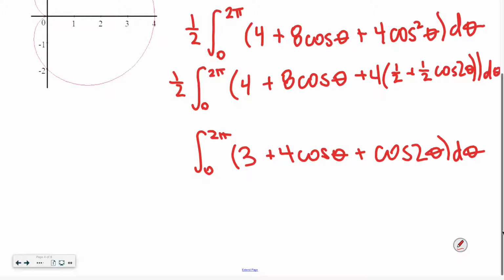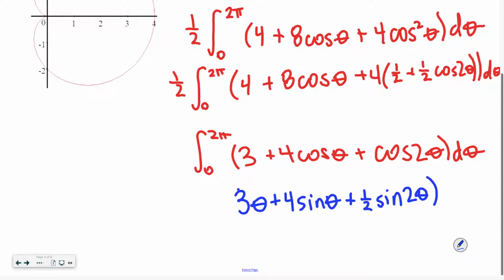So what we have is 3 theta plus 4 sine theta. Excuse me, sine. That should change to sine. I was thinking sine, but looking at cosine, I wrote it. And then plus 1/2 sine of 2 theta.